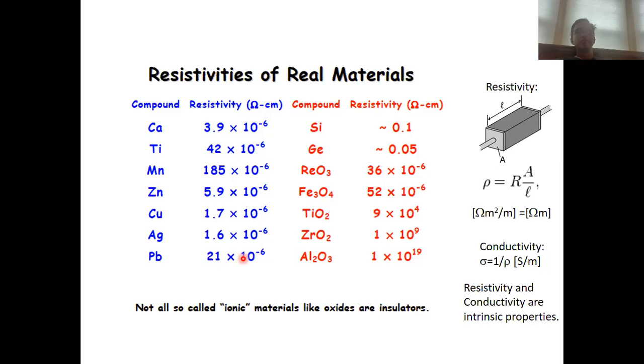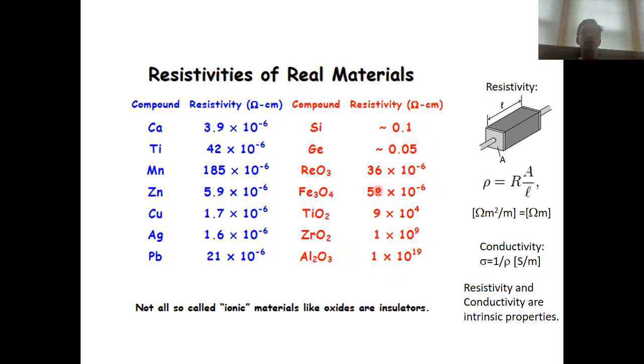But now let's go back to the resistivities of these red substances. Here you see some of them are elements, however, they are not metals, and some of them are compounds, and you see that these compounds are oxidic compounds. So intuitively we would say, well, these substances are not metals.